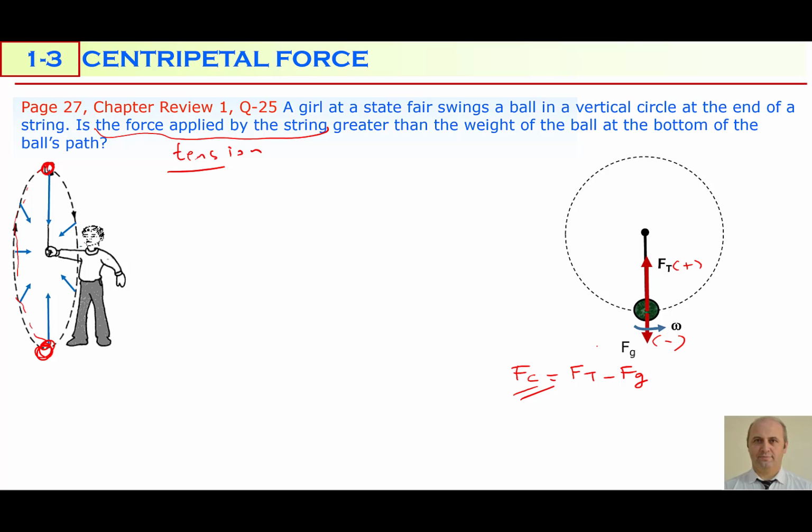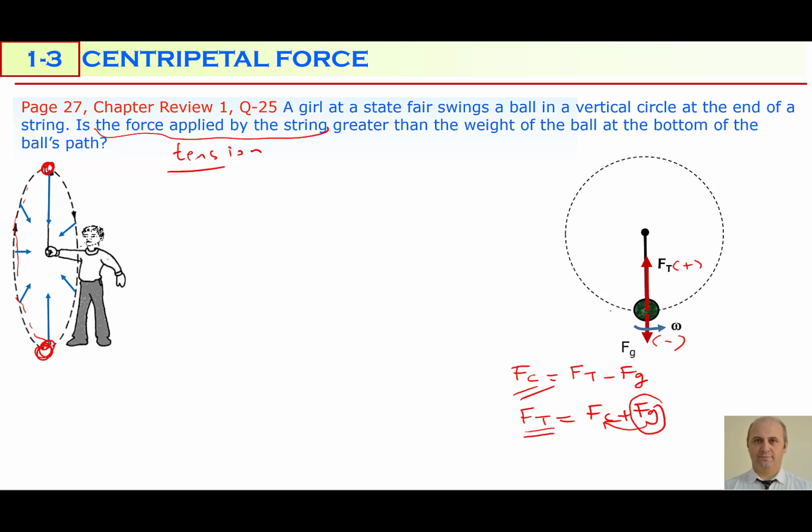Or you can write the equation like this: Ft is going to be Fc plus Fg. So you are adding Fg and Fc to get Ft. In common terms, the force which points to the center will be greater than the force which is away from the center. That's why Ft must be greater than Fg.